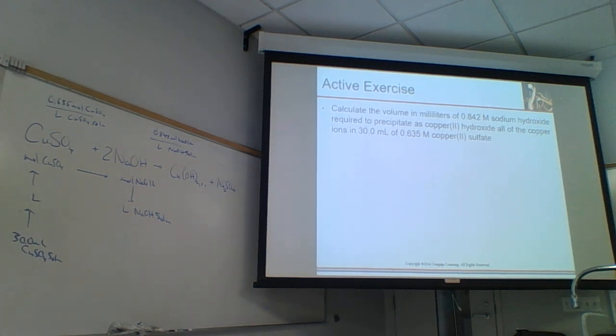The conversion factor is 1 liter of sodium hydroxide solution contains 0.842 moles of sodium hydroxide, pure sodium hydroxide. So moles of pure sodium hydroxide cancel. That leaves me with liters of sodium hydroxide solution, and they want milliliters. So I'll just do a milliliter conversion here. 1,000 milliliters per liter. Let's see what that gives us.